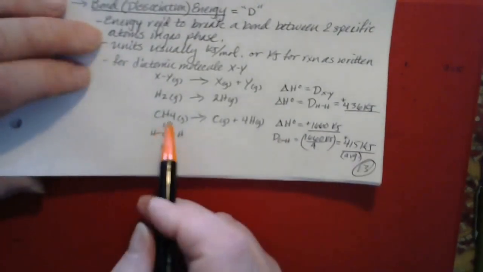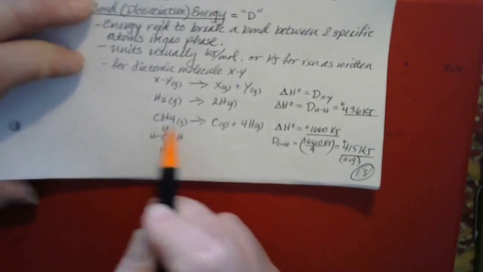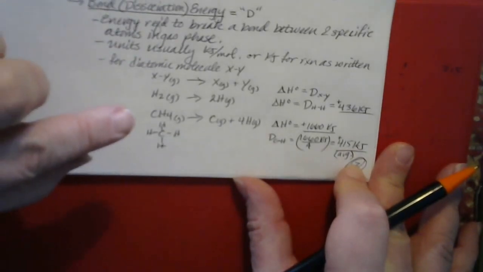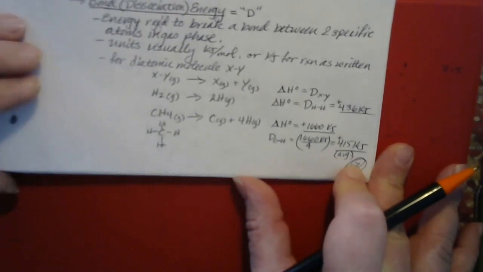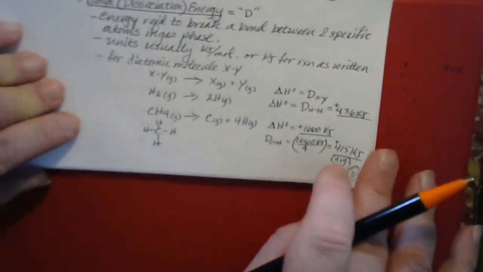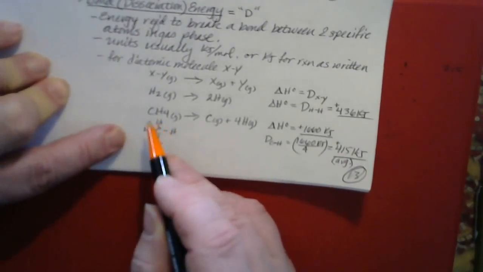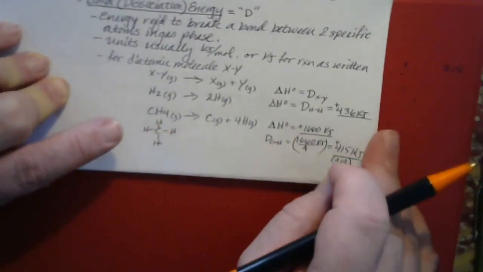That's on average, because even though all 4 of these carbon-hydrogen bonds are exactly the same, and it doesn't really matter which one you break first, the thing is that once you break one of them, it's actually easier to break the next one. And so the bond dissociation energy starts out as highest for the first hydrogen you take off, but then it gets lower for the ones after that.